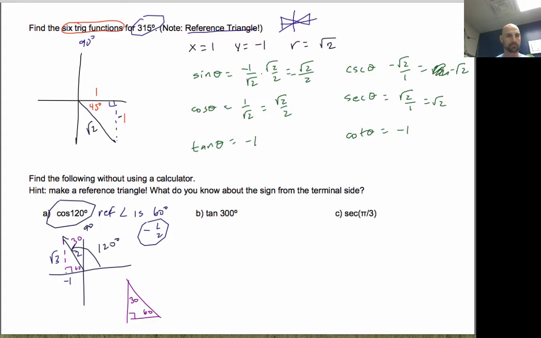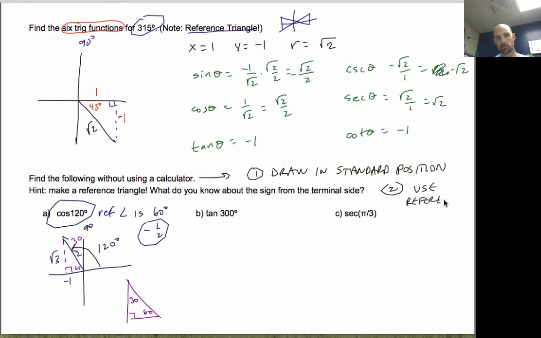Tangent of 300. 1. Draw in standard position. 2. Use reference triangle.